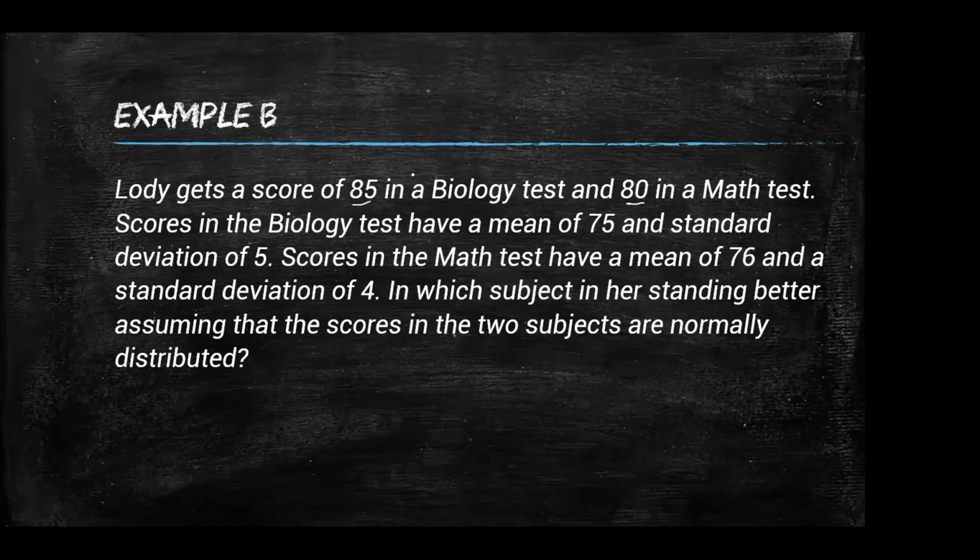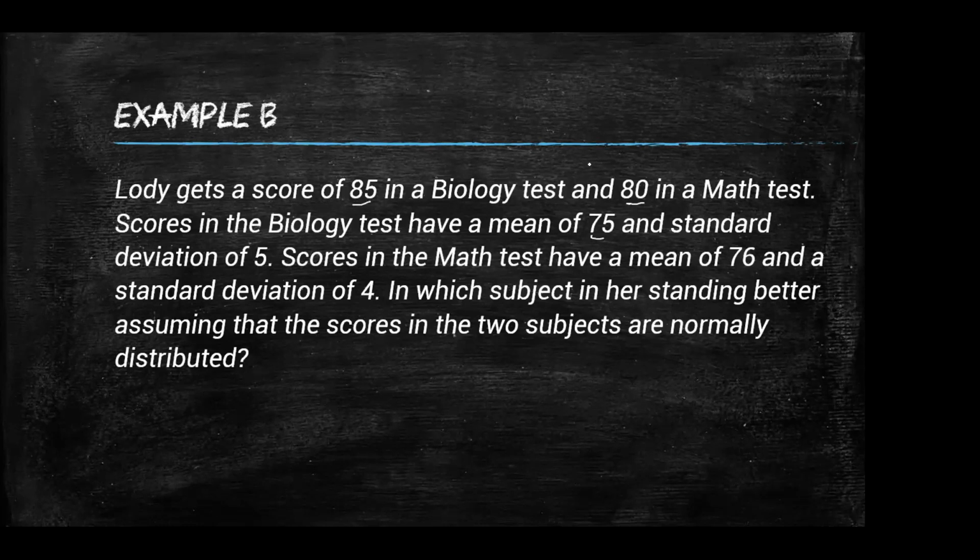X. The scores in the biology test have a mean of 75 and a standard deviation of 5. Next, the math test has a mean of 76 and a standard deviation of 4.